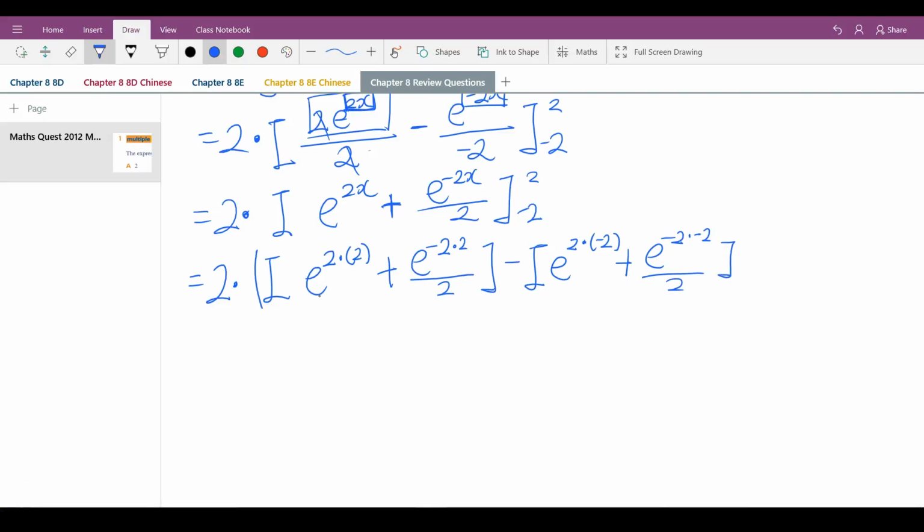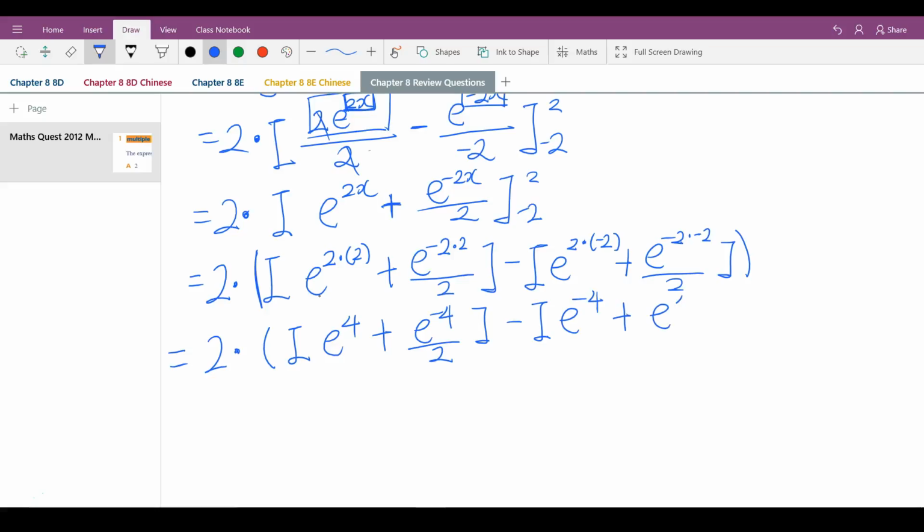Alright, put a big round bracket around here. Alright, let's see what we get in there. Now this would become e to the power of 4 plus e to the power of negative 4 over 2. Alright, minus e to the power of negative 4 plus e to the power of 4 over 2.